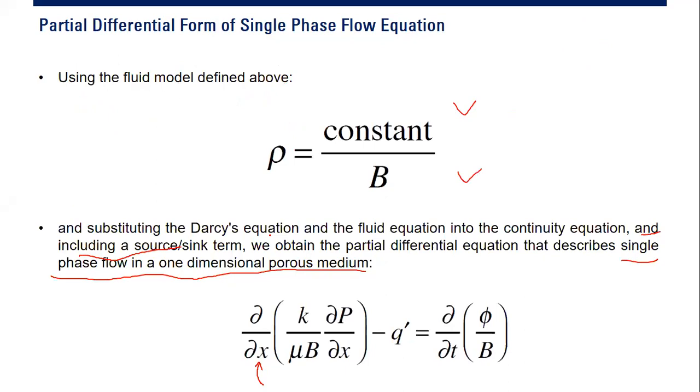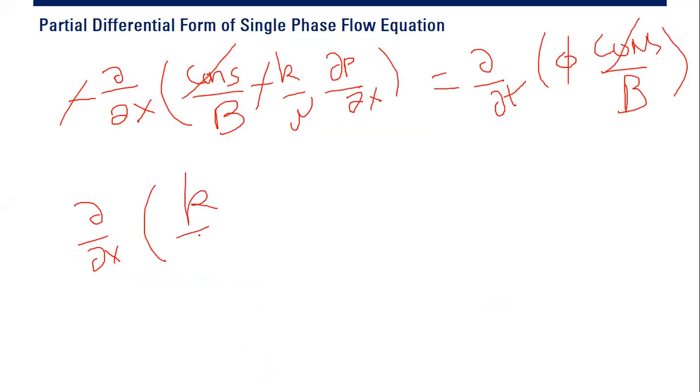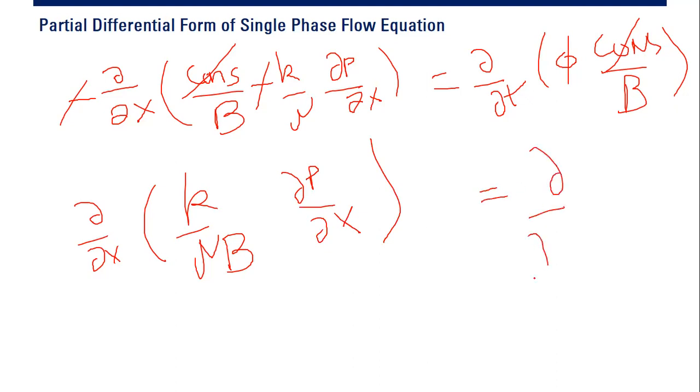So we have k over viscosity and formation volume factor, times dP/dx. On the right we have d/dt of porosity divided by formation volume factor.